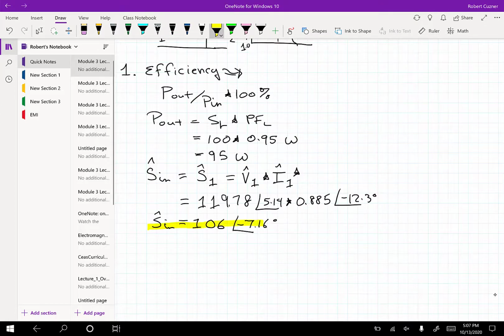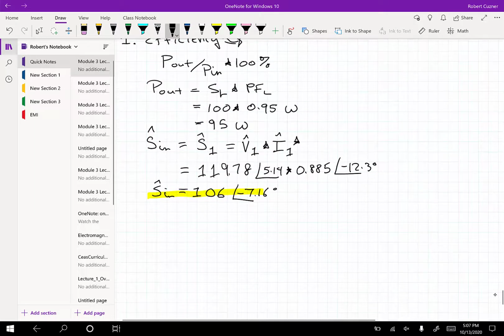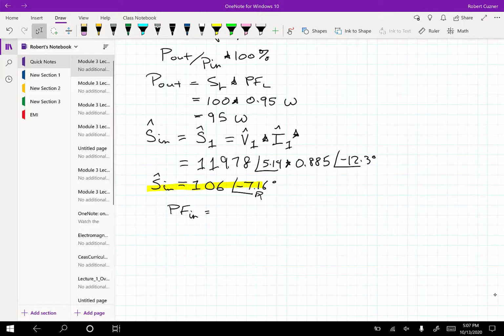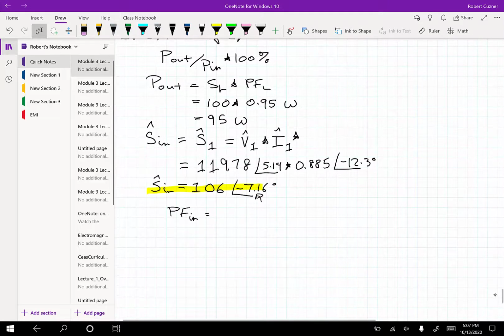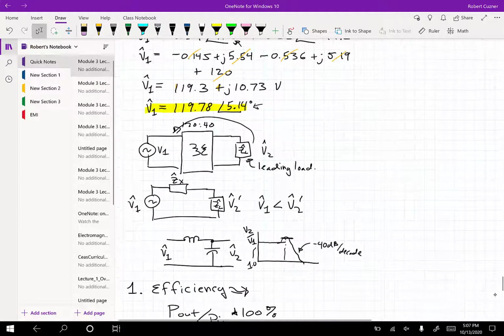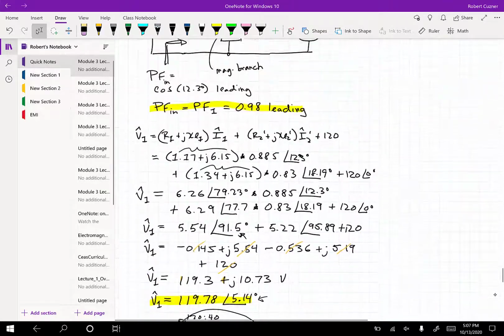Okay, there's our input apparent power. Remember, it looks leading, which makes sense. We've got a negative angle there. It's what we expect. Now the power factor is going to be the cosine of this angle here. So the input power factor, well, we already found, well, we're just going to do this. It gets kind of weird here. So I'm going to go back here.